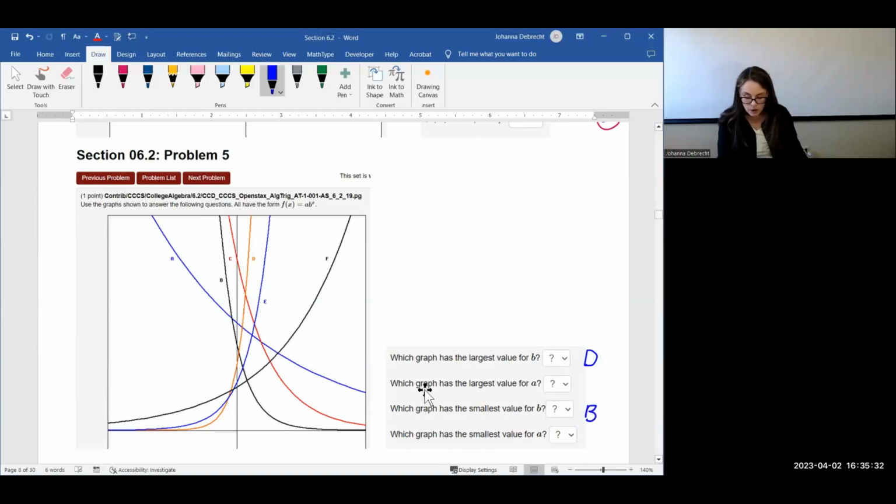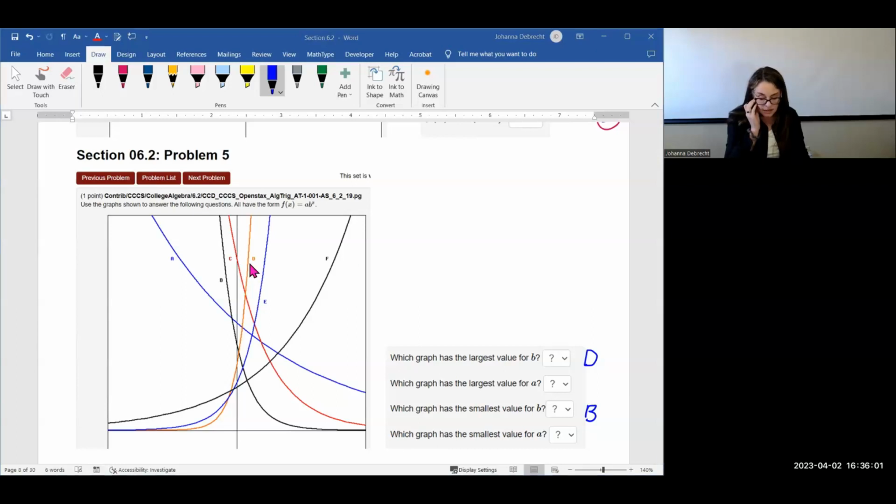And then it asks which graph has the largest value for A and which one the smallest value. Now A is the initial value, which ends up being the y-intercept, unless it's been shifted left or right. So as long as it's only been shifted up or down, stretched or compressed, then that's the initial value. So for the largest initial value, we want to look at the y-axis and find the one that crosses the highest up.